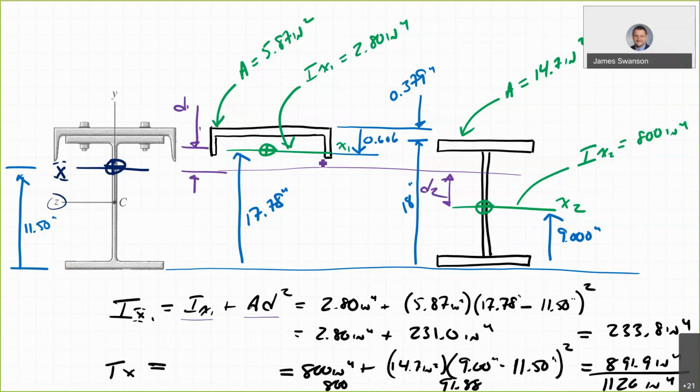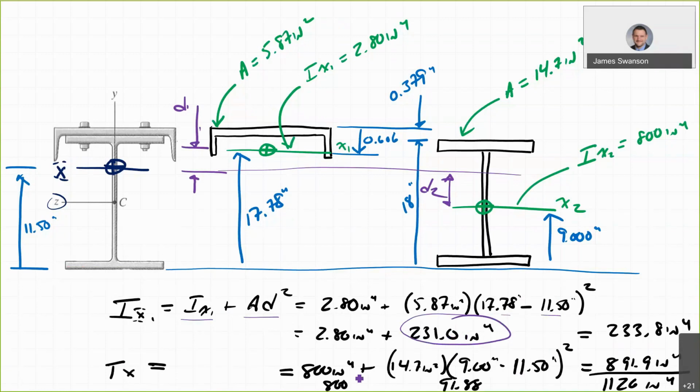It doesn't have a whole lot of resistance to bending. But when you move it up by a distance of 17.7 minus 11.5, and you square that distance, the second term in the parallel axis theorem makes its contribution to the overall moment of inertia much greater than it would have been if it were located at the centroidal axis.